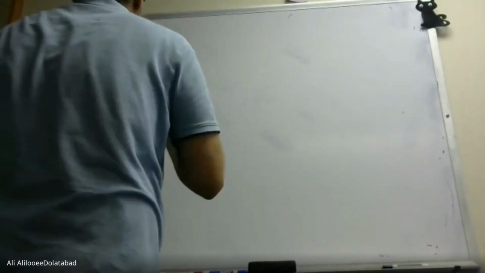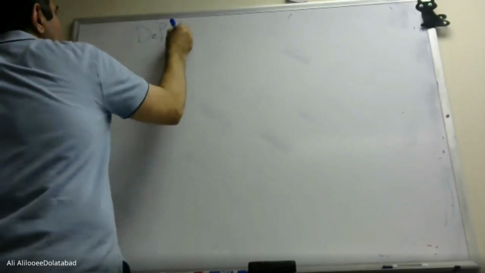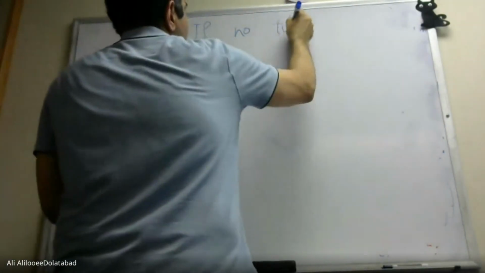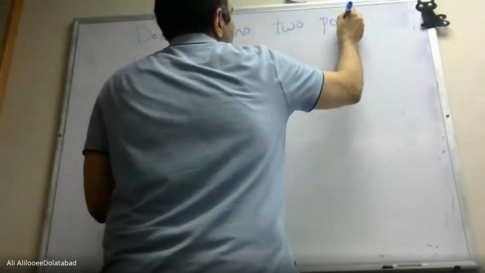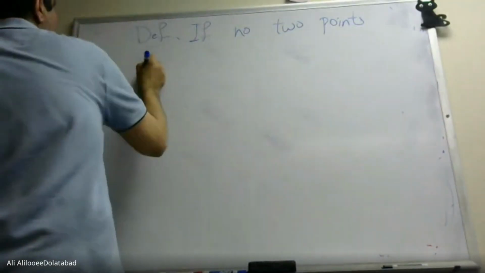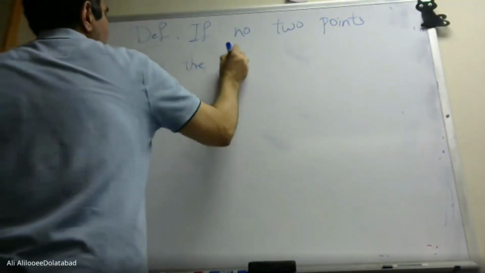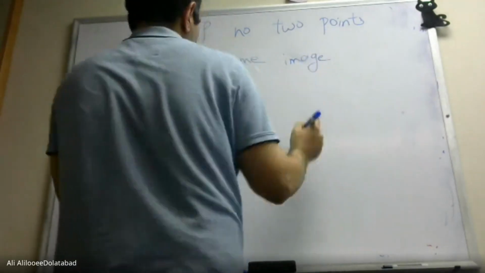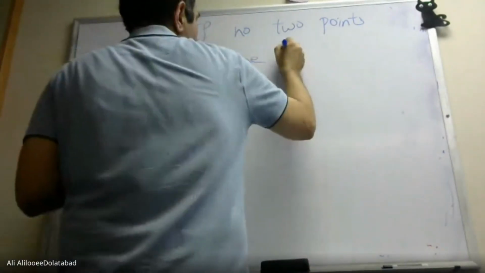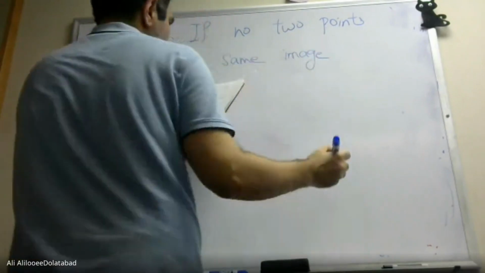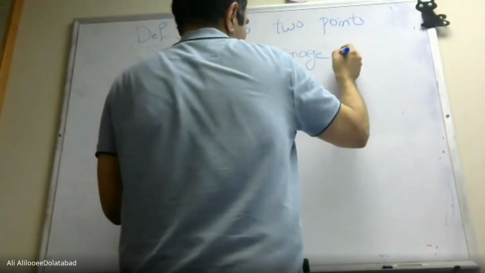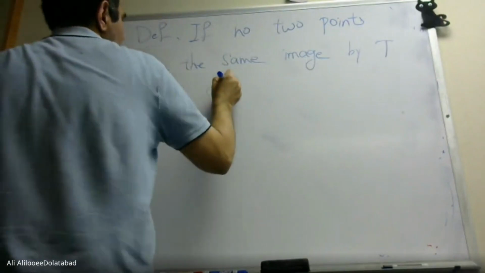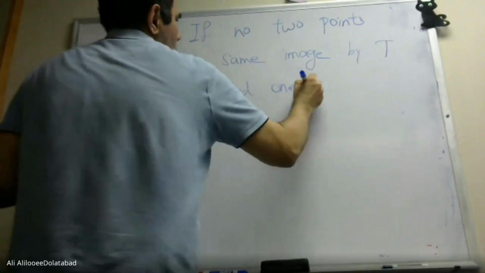So then another definition: if no 2 points have the same image by T, T is called 1-to-1.